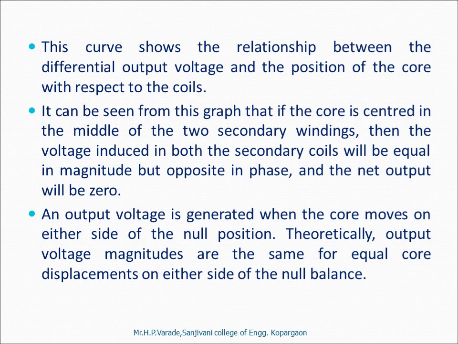The output voltage is generated when the core moves on either side of the null position. Theoretically, the output voltage magnitudes are the same for equal core displacements on either side of the null balance.